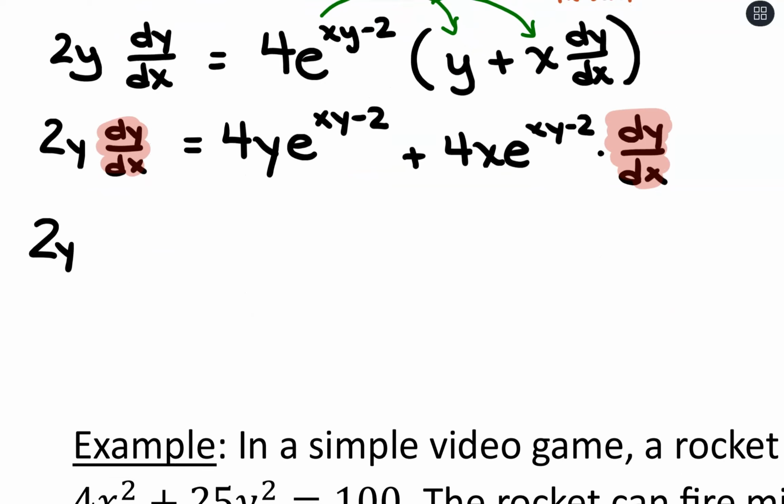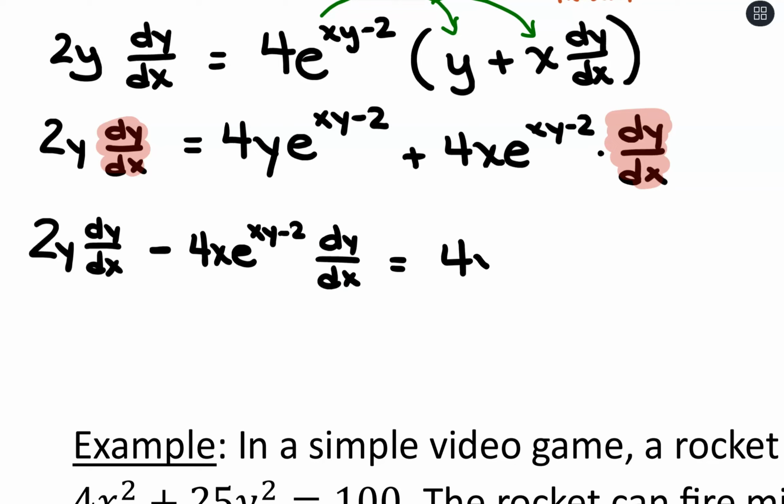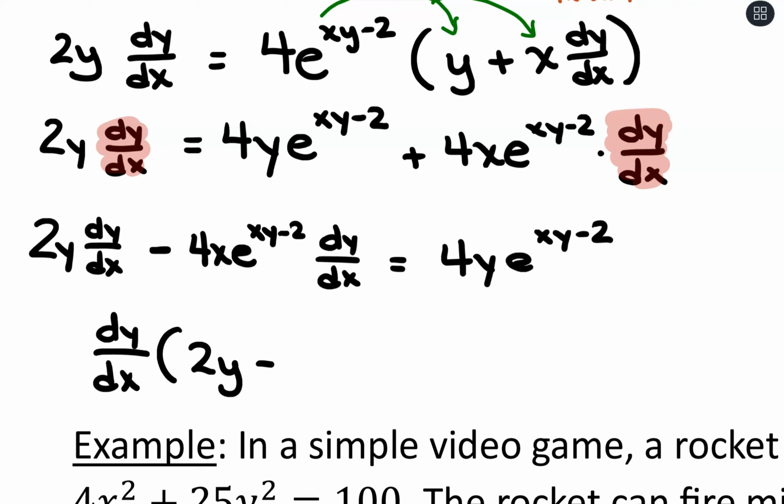So I'm going to have 2y dy/dx minus the 4x e to the xy minus 2 dy/dx. And then alone on the right-hand side will be the 4y e to the xy minus 2. Factor out. So I'll leave us with a 2y minus 4x e to the xy minus 2.